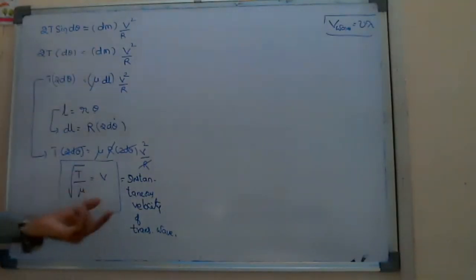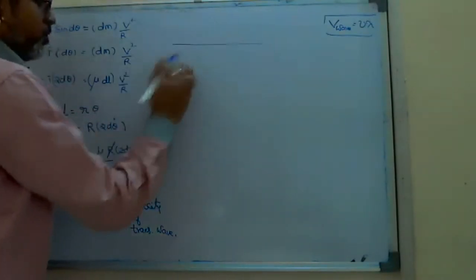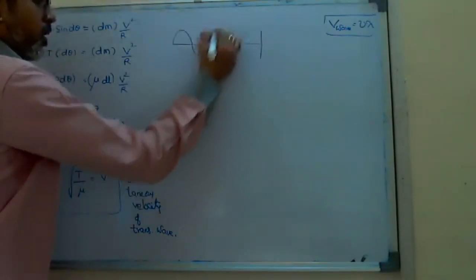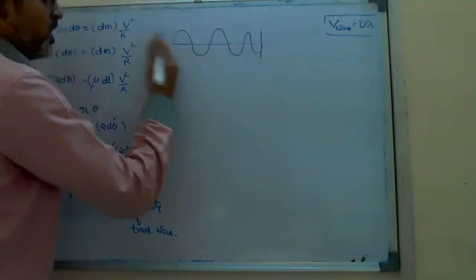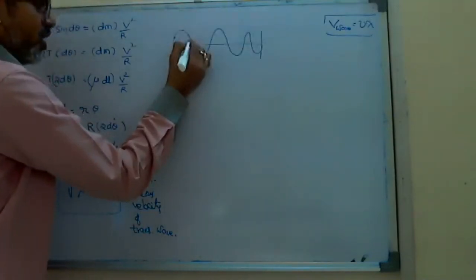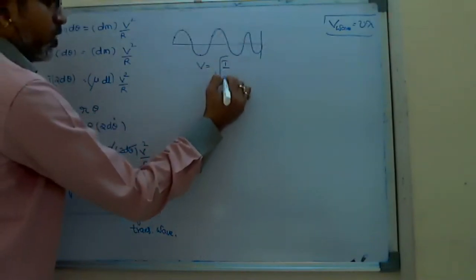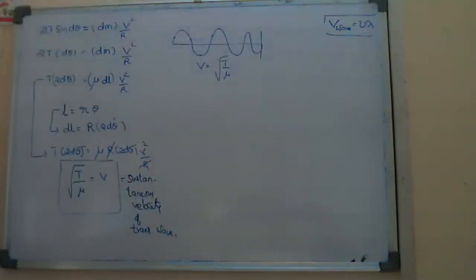If the transverse wave is traveling with a constant velocity in the string, then no problem. Constant velocity means anywhere the velocity of the transverse wave is root of T by mu.